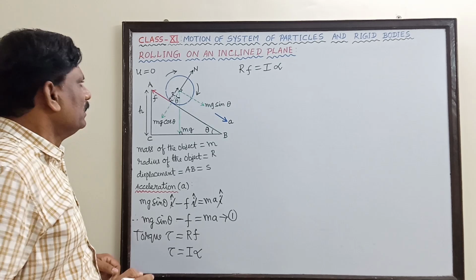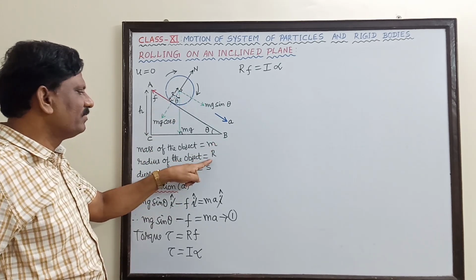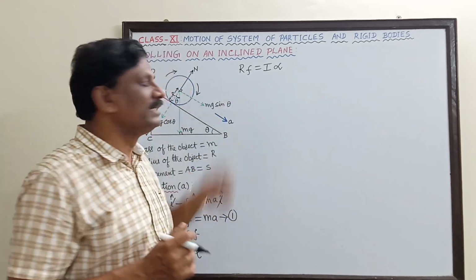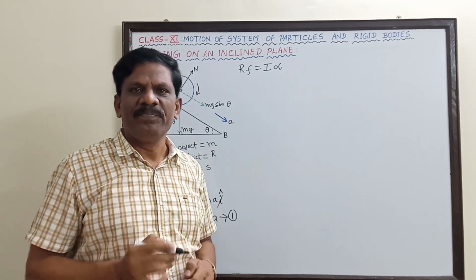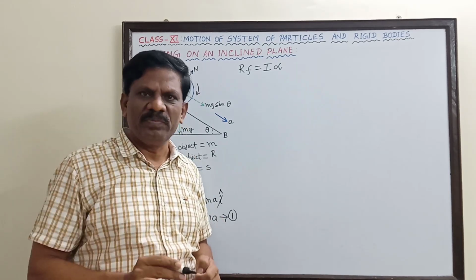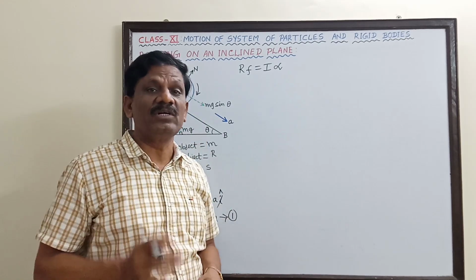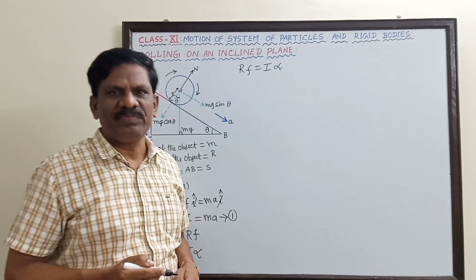Okay, now the mass of this object is m and the radius of the object is r. Suppose if this object is a circular disc, what should be its moment of inertia? M r square by 2. Suppose if it is a spherical object of the same radius r, what should be its moment of inertia? It is 2 by 5 mr square, isn't it?